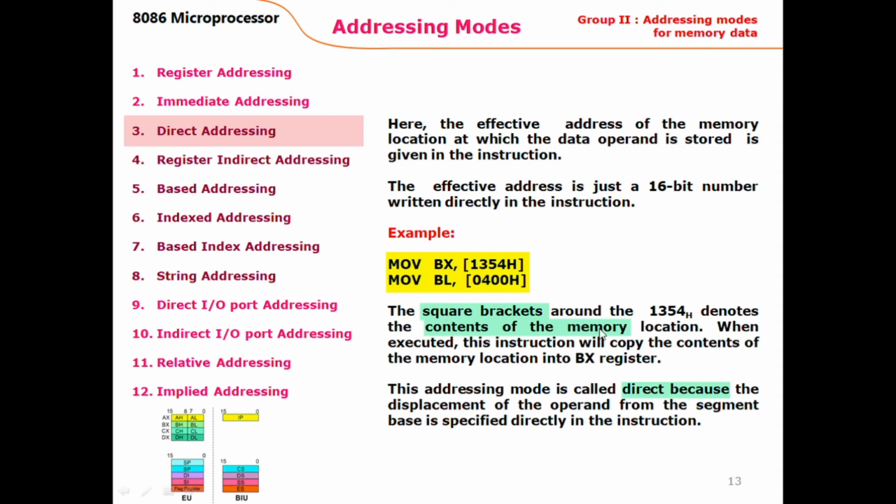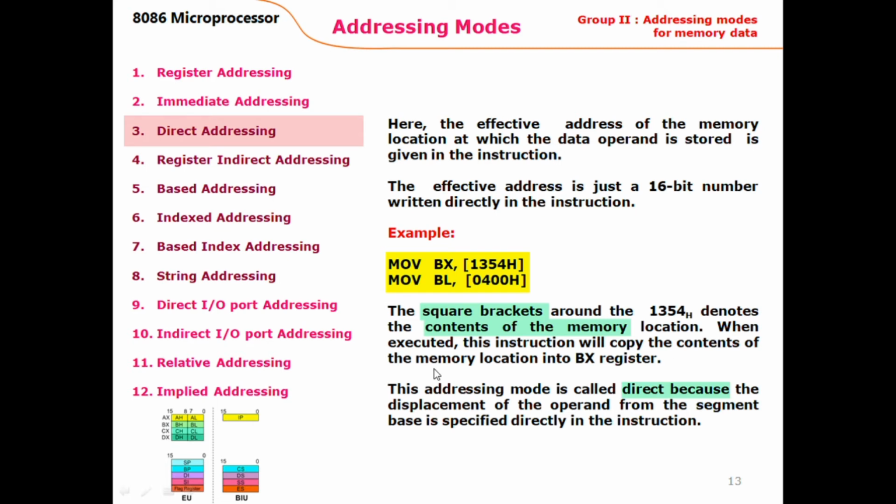The square brackets around the 1354h denote the contents of the memory location. If there are no brackets, then this would be immediate addressing mode. The value is part of the instruction. But when brackets are used, this is not an immediate value, but an effective address.